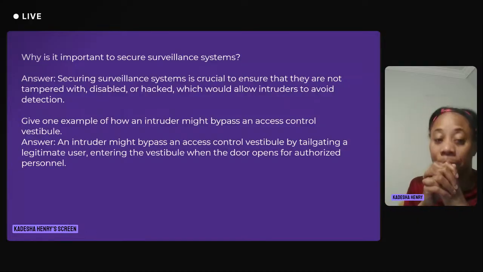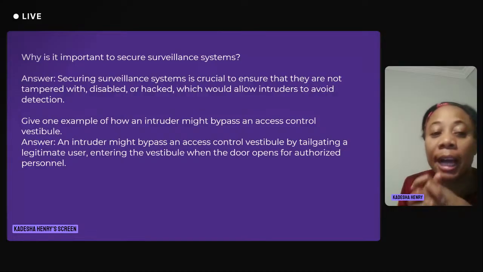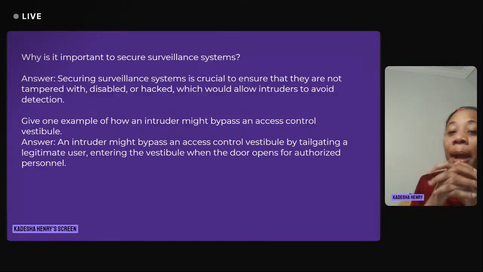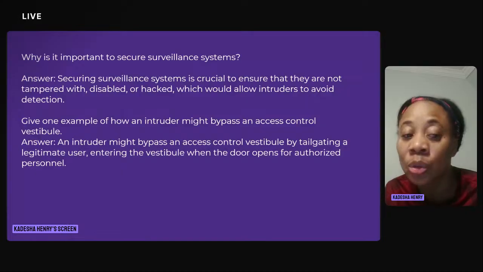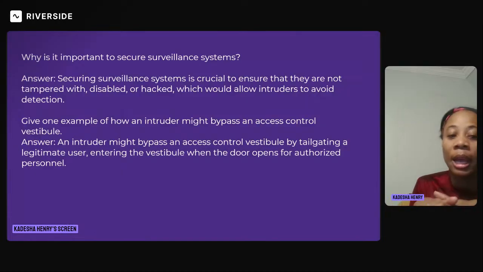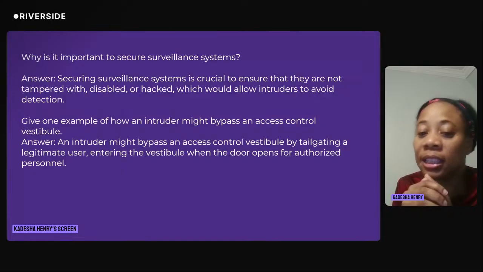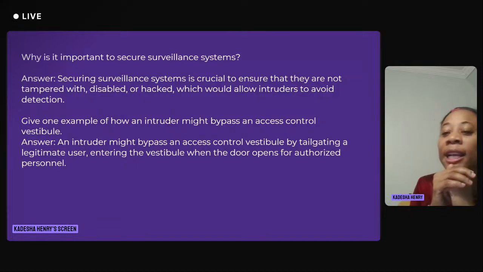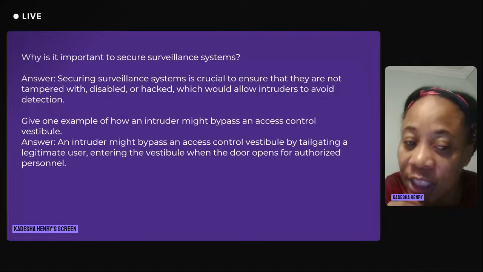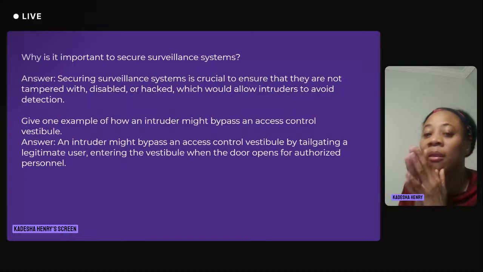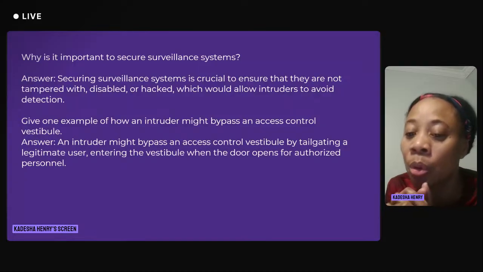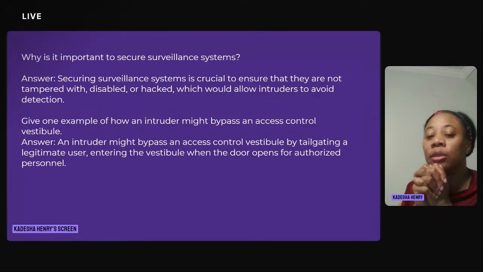Give an example of how an intruder might bypass an access control vestibule. An intruder might bypass an access control vestibule by tailgating a legitimate user, entering the vestibule where the door opens for authorized personnel.